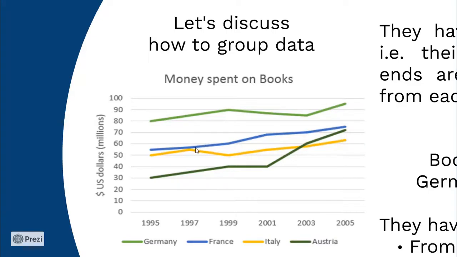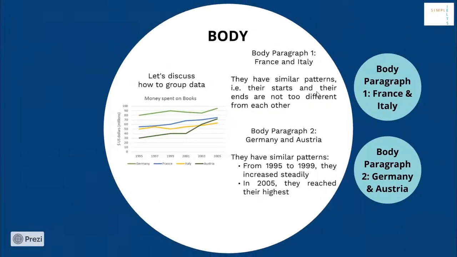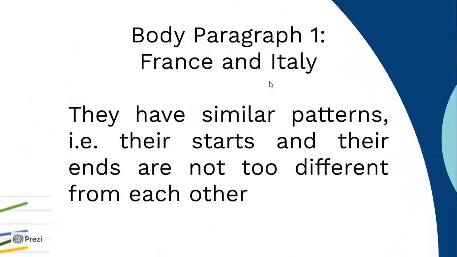And over time, they increased, and at the end of the period, the numbers are not too different. For France it is more than 60 and more than 50 for Italy. So we can group them in one paragraph. So in body paragraph 1, or the third paragraph, we can talk about France and Italy.